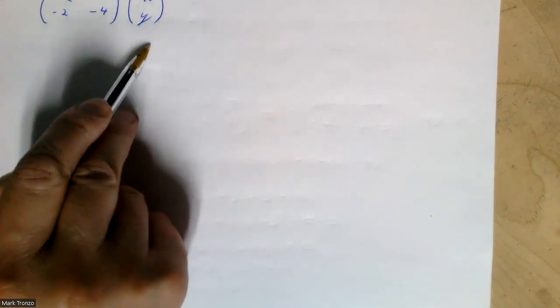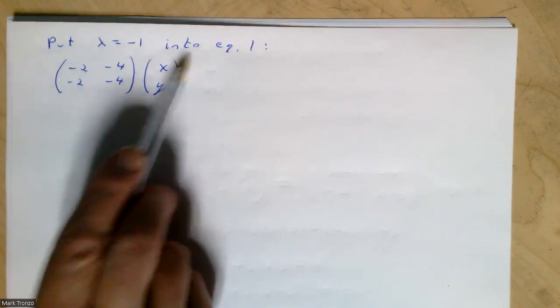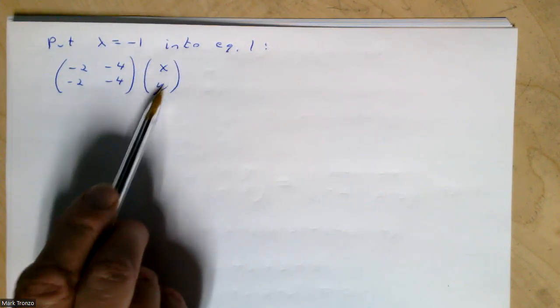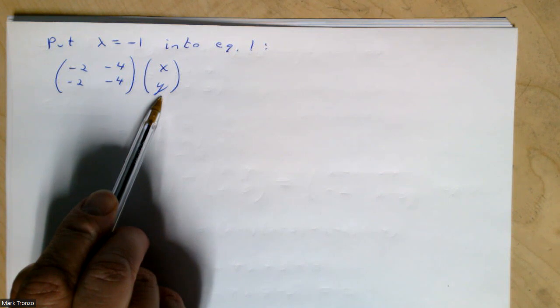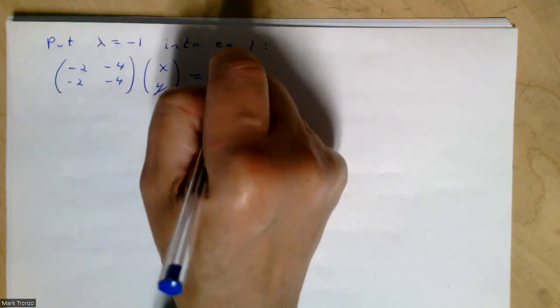And then we'll multiply this by x y, and multiply this out.